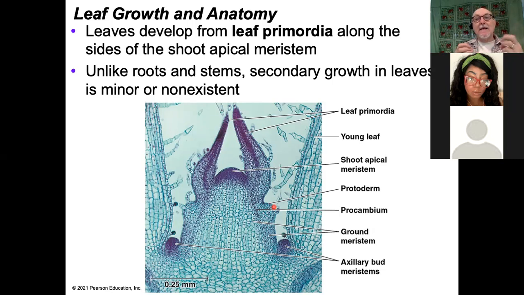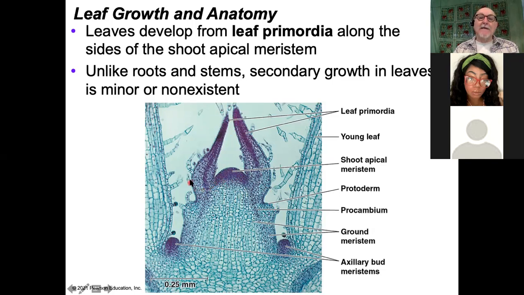So the leaves develop from specialized meristematic tissue, which specializes right behind the apex, right behind the apical meristem. Here's a shoot, and here's the shoot apical meristem that is increasing the length of the plant.